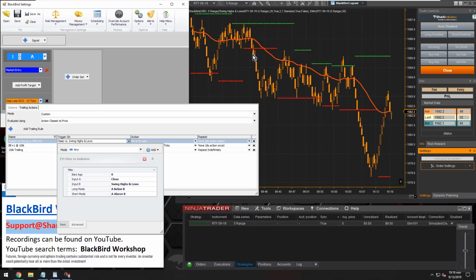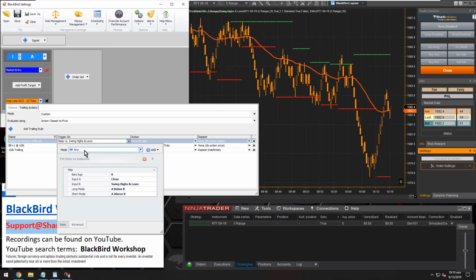A crossover is only a one bar instance. But when you're comparing price versus an indicator, that comparison is continuous for every bar that is below the swing line. So just be aware of those limitations if you're using BlackBird for this.